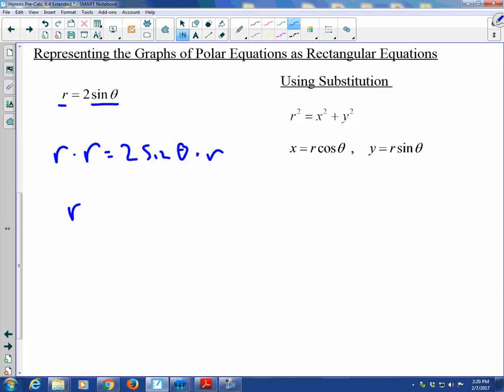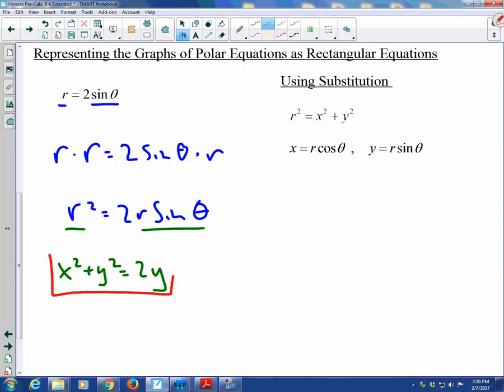That gives us r squared equals 2r sine theta. And right here, we can then start to make some substitutions. We know r squared is going to be x squared plus y squared. And right here we can say r sine theta is going to be equal to y, so we've got 2y on this side. And there we are. We've got a rectangular equation defining our graph, right?